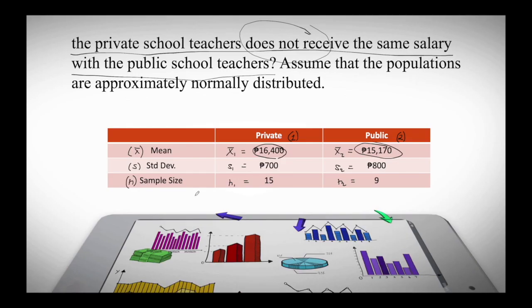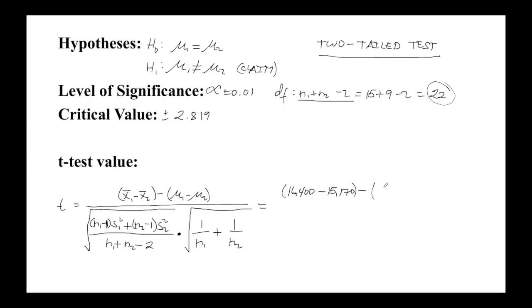Again, based on our given, there's no such thing as mu here. Kasi nga, yung mu natin is the population wherein kukuha tayo ng inference natin coming from our sample. Meaning to say, we don't have any population right now. So this will be 0 minus 0.